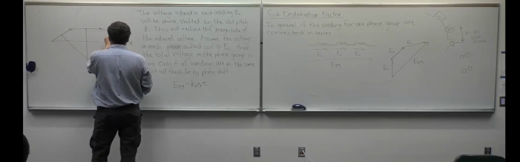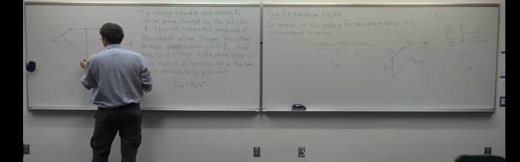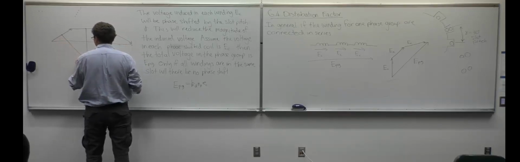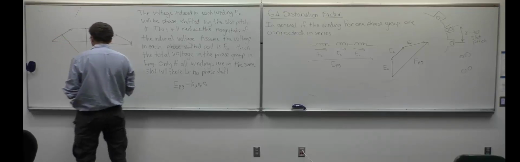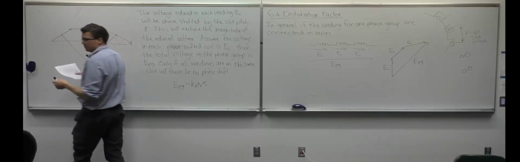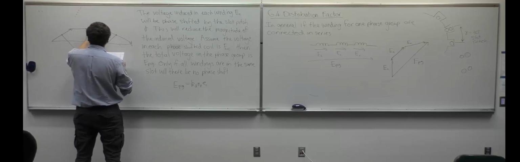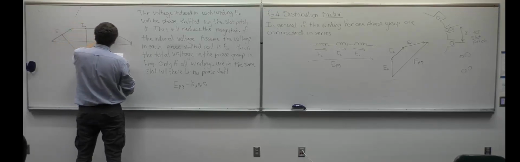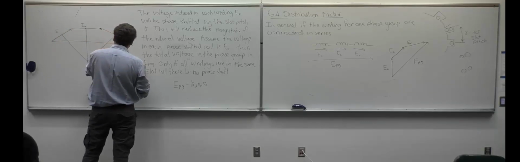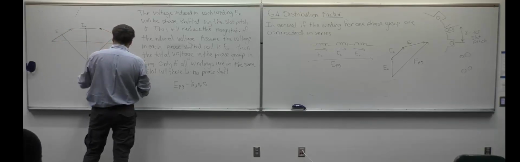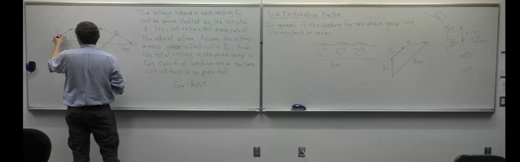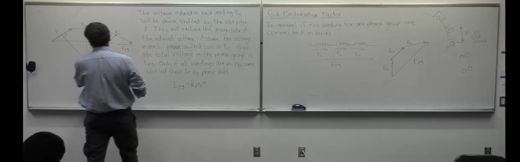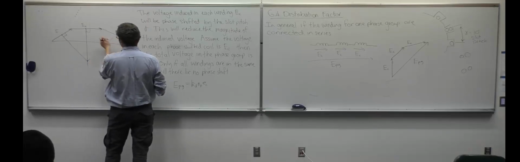I should have had a printout for this. It looks a lot simpler on my page. So this is EC, EC, EC. This is EPG. Okay, so then this is a right angle here. That's supposed to be a right angle also.